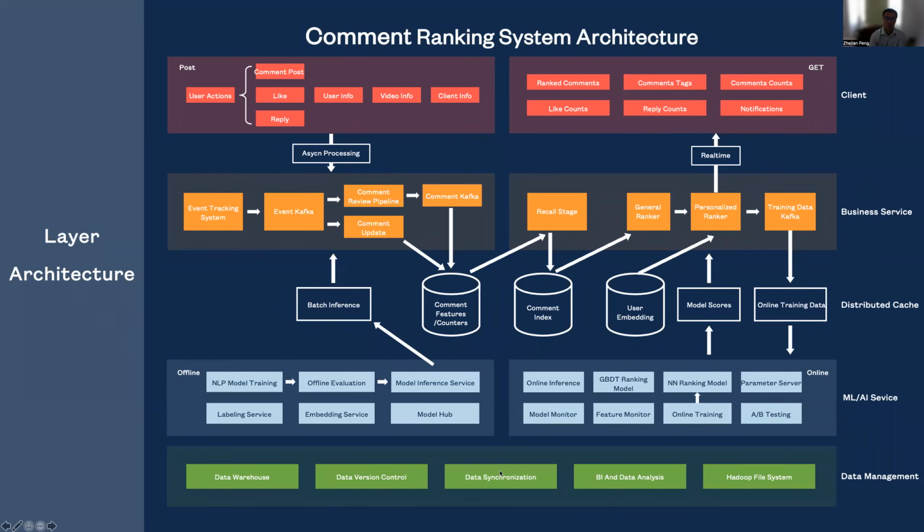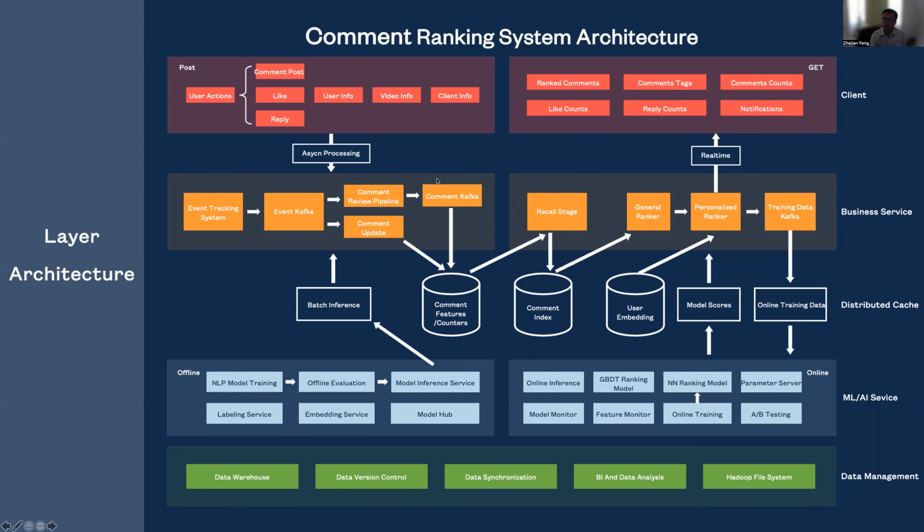The left part will be the post operation, like posting comments and stuff like that. And the right part will be the get operation. Those are people viewing comments and ranking comments. And I also divided it into offline and online. The left side are mostly offline operations and the right side are mostly online operations.